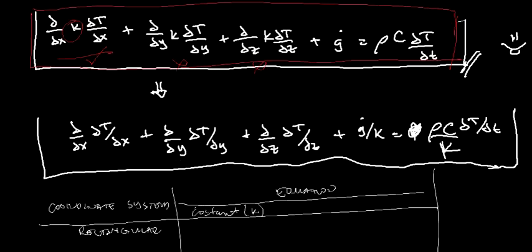So let me rewrite this part here in our summary table. So we have the partial derivative of k dT/dx with respect to x, and then plus the heat generation equal to rho c dT/dt.